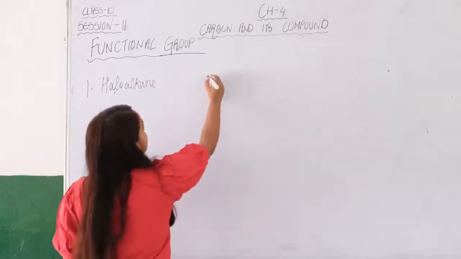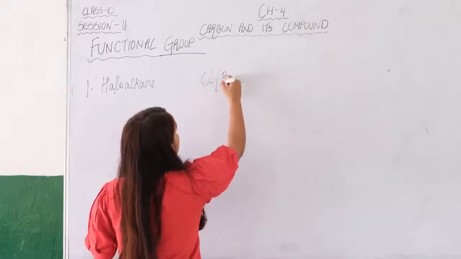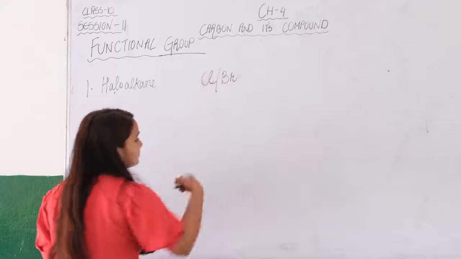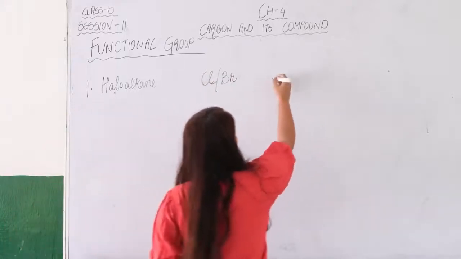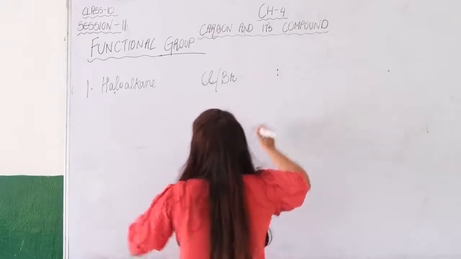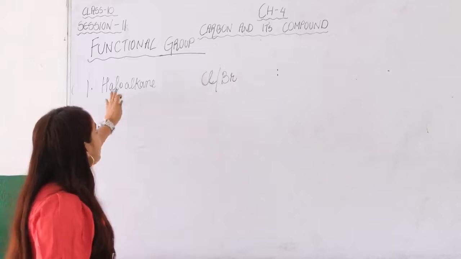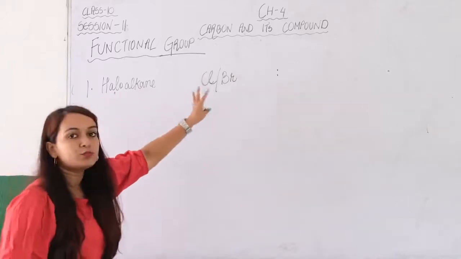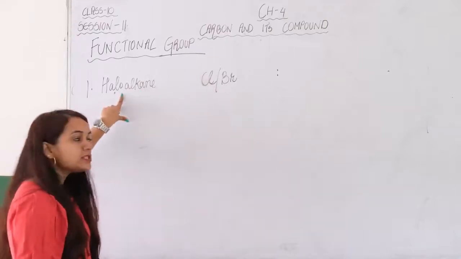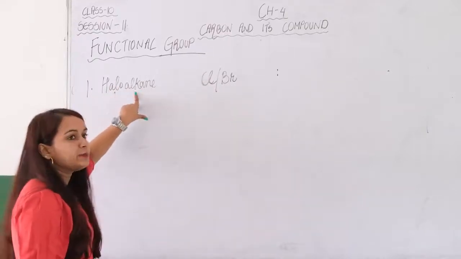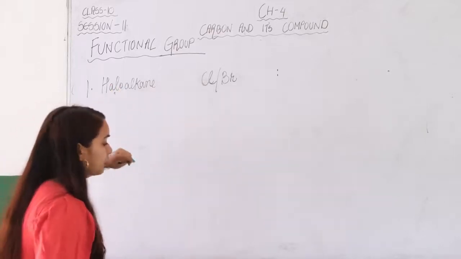Now, this word haloalkane simply tells us how the compound will be named. First the halogen will be named, secondly the alkane will be named. Let us see how the naming will be done.